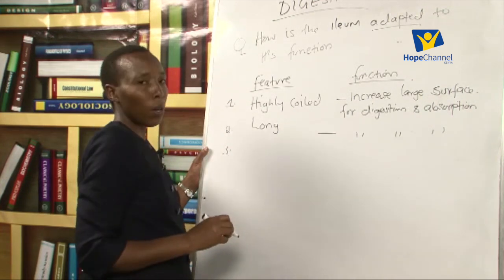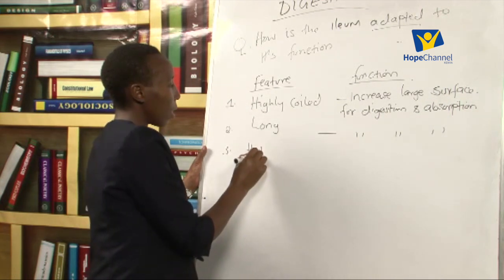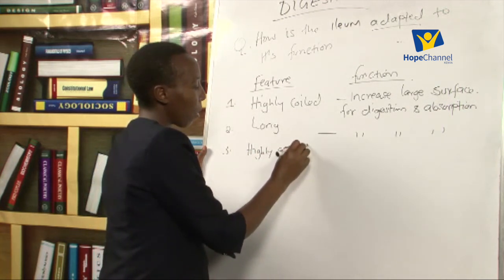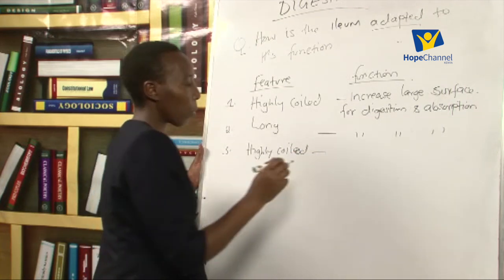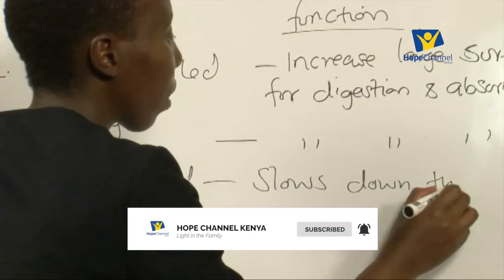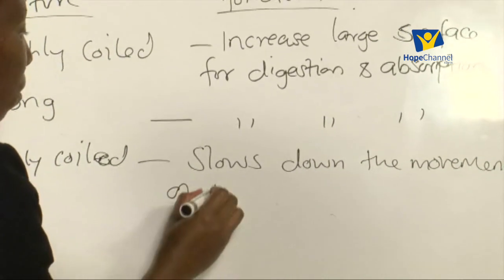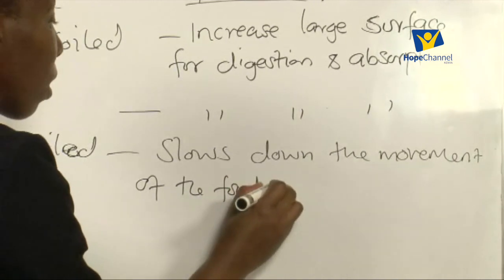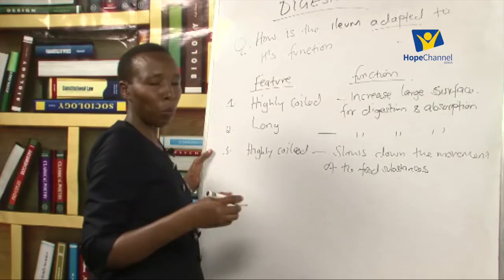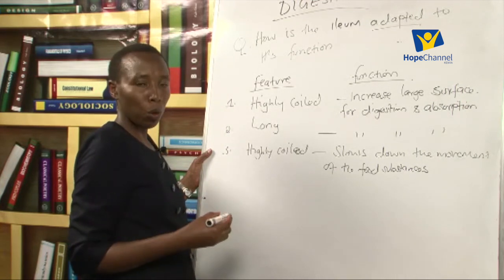Number three, you realize that the highly coiled ileum also slows down the movement of the food substances, and because of that, it gives it more time to end the process of digestion, and then absorption will take place.